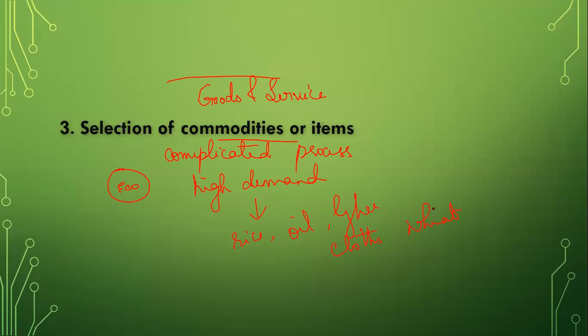That is more important. Only then, with the help of this, we can come to know what their taste is, what their preference is, what their custom is, what customers prefer. That can be known with the help of this study.